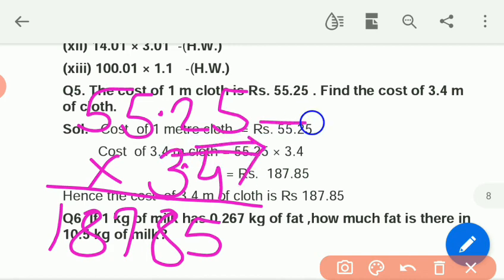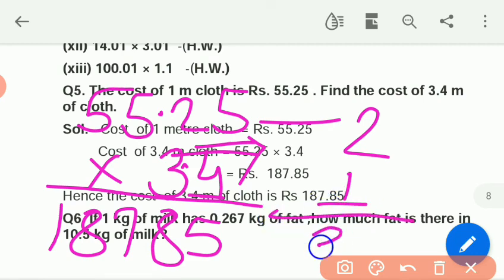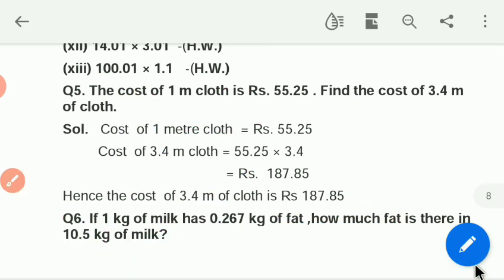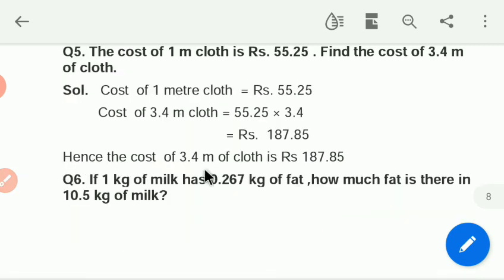So after the decimal, how many digits are given? 2, and here only 1. So 2 plus 1, 3. So in the answer we have to count how many digits? 3 digits. 1, 2, 3. After that you have to put the decimal. So the answer will be 187.85. Or we can say that the cost of 3.4 meter of cloth is rupees 187.85.